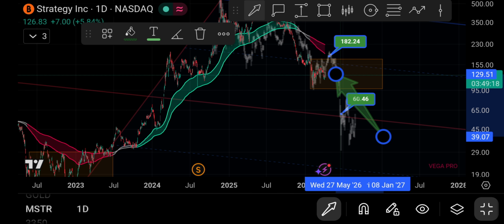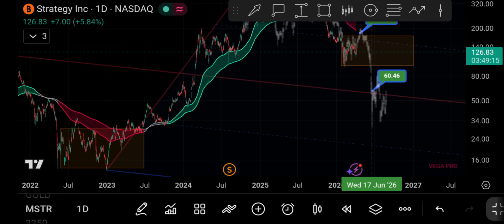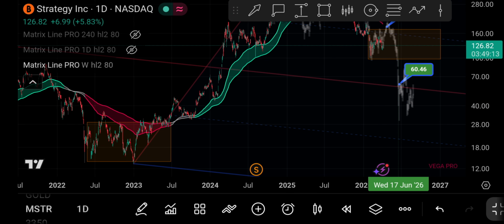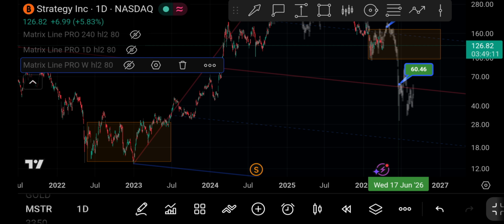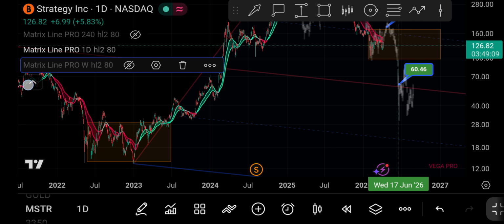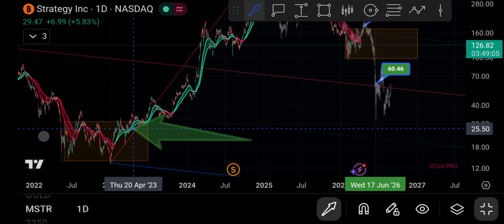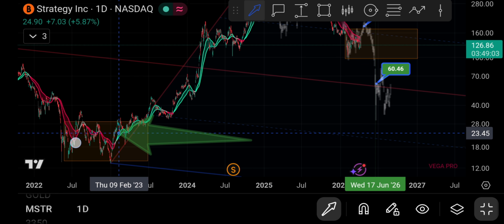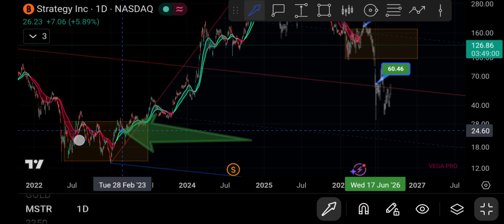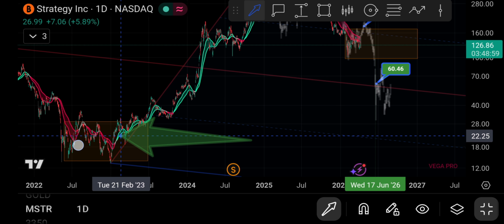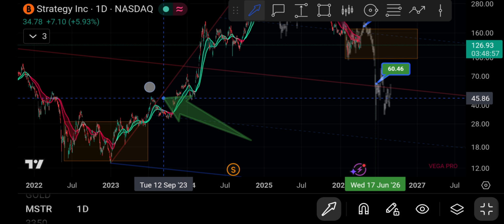But I want to point out a very interesting thing. If I turn off the weekly matrix line and I turn on the daily, you may notice that once we turn to green on the matrix line, we have already started the bull market.